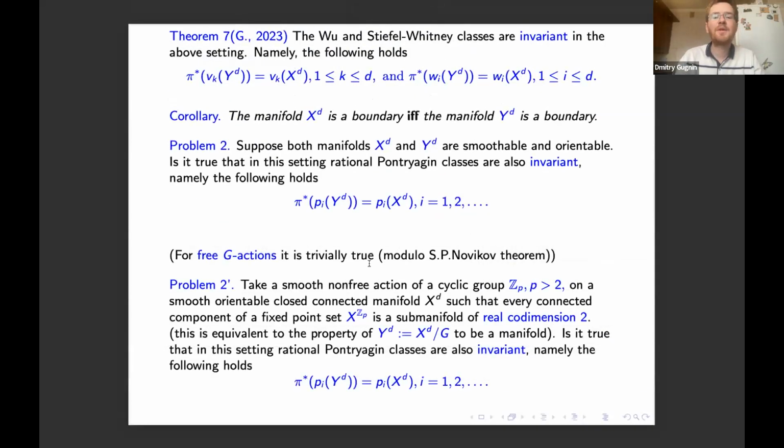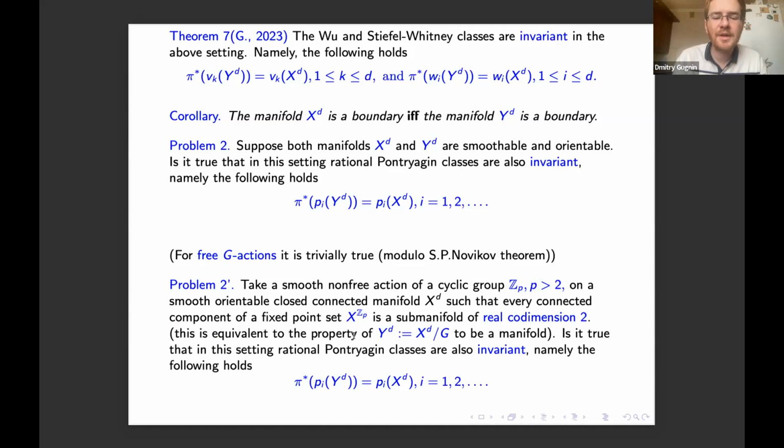This problem seems very hard, but take just a simpler problem 2 prime. Take a smooth non-free action of a cyclic group Zp, p greater than 2, on a smooth orientable closed connected manifold such that every component of the fixed point set is a submanifold of real codimension 2.